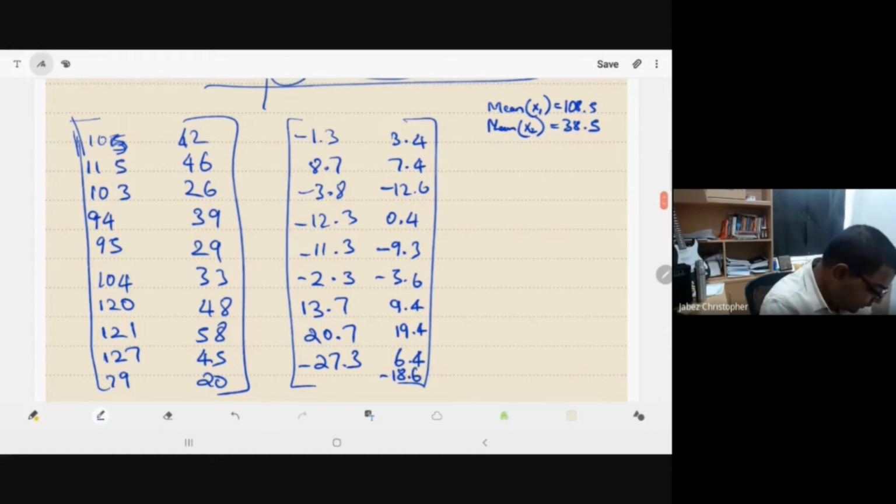I missed out one value here. 8.7, minus 3.8, minus 12.3, minus 11.2, 13.7. One value missing.